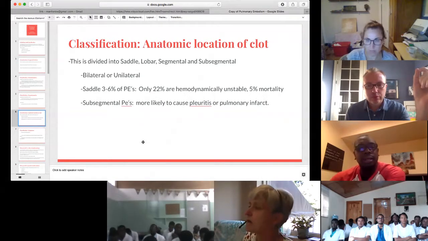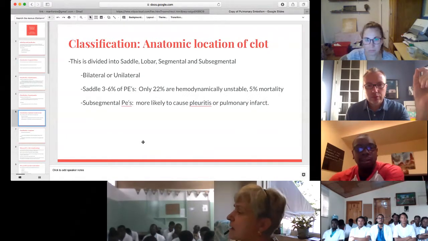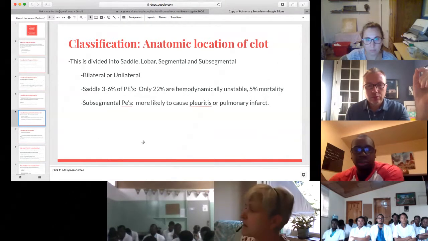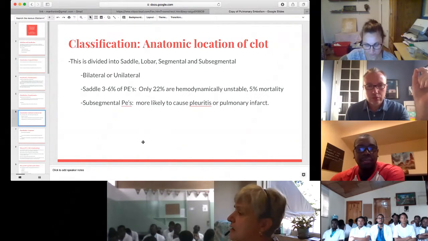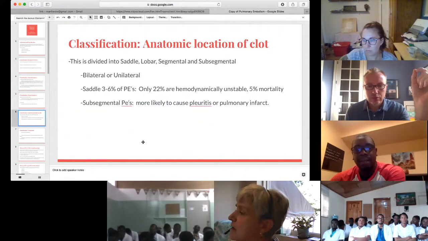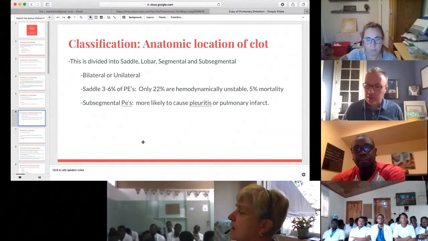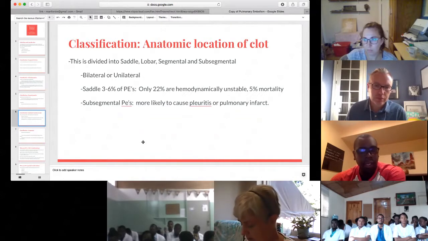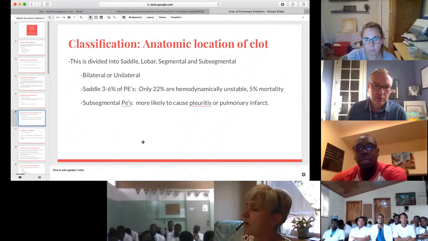Et de ces 3 à 6%, seulement environ 22% causent des instabilités hémodynamiques. And they account for 5% of the mortality associated with PE. Et généralement cause la mort à environ 5% des cas.